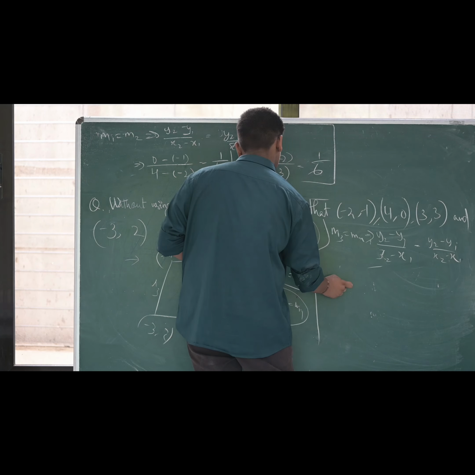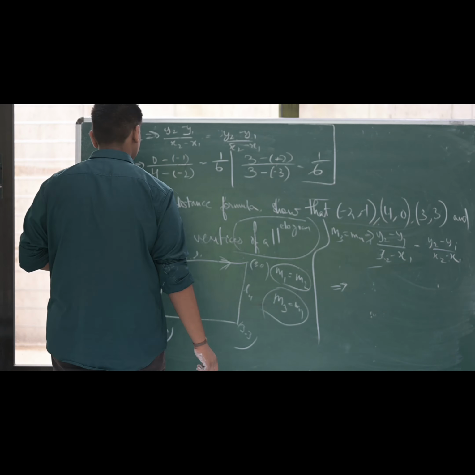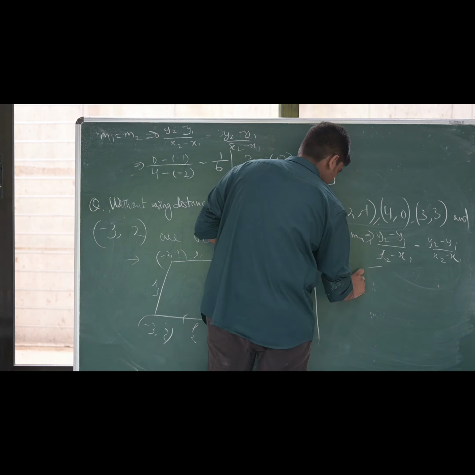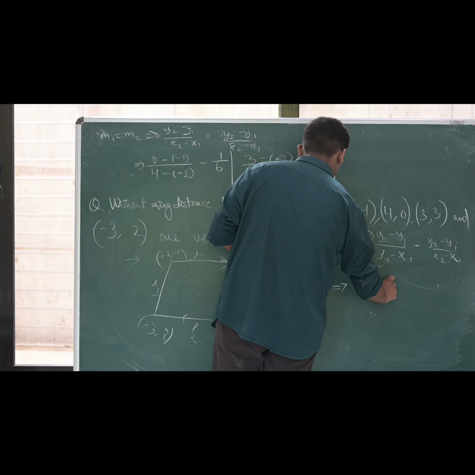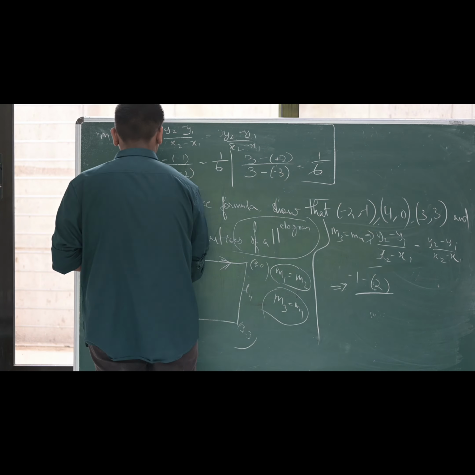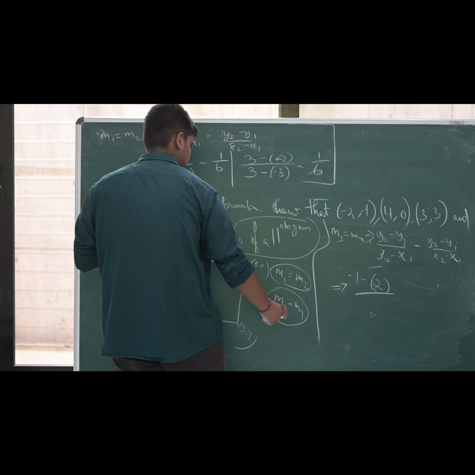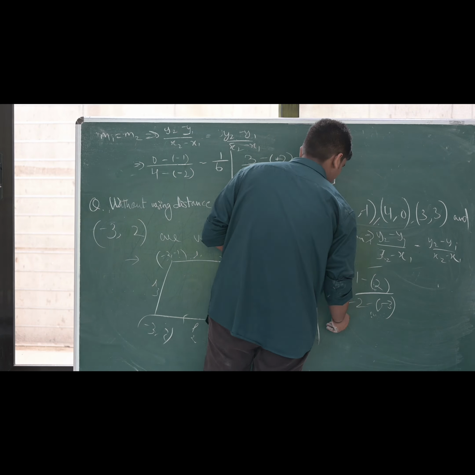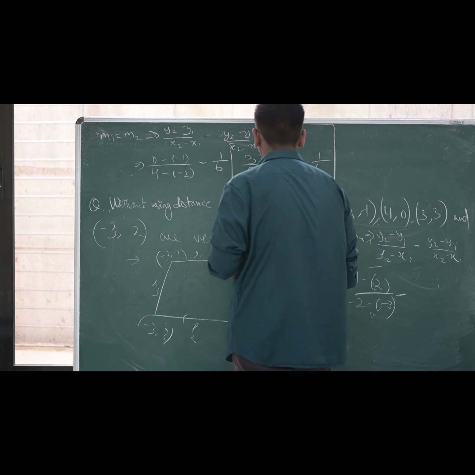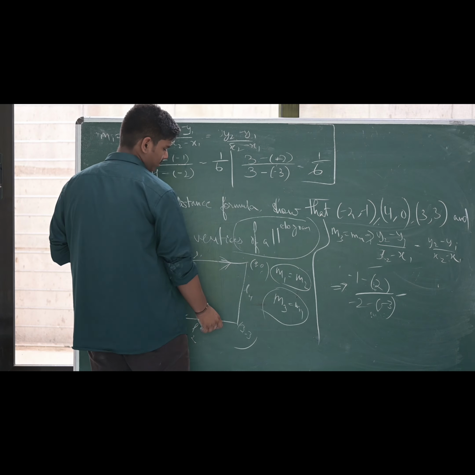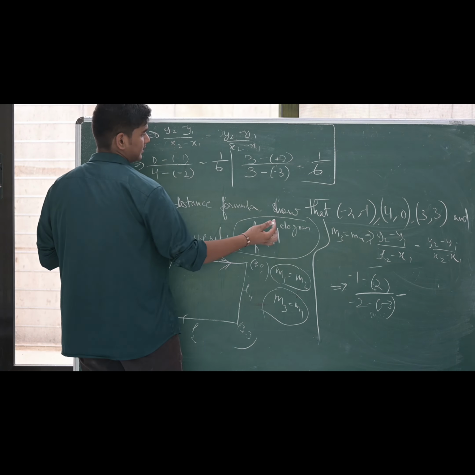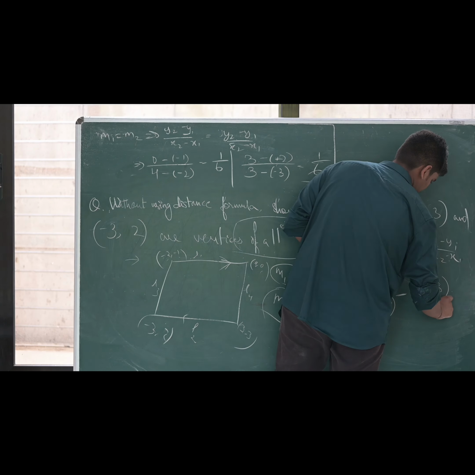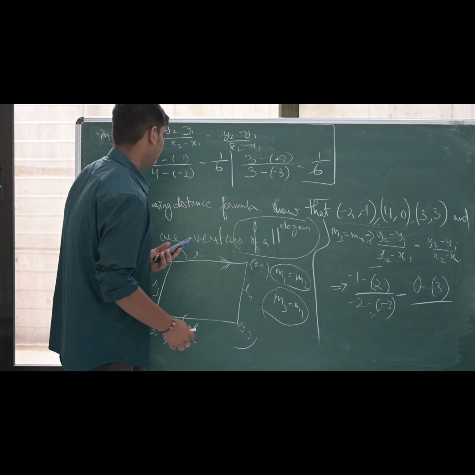Now, what will be the m3 slope? (minus 1 minus 2) by (minus 2 minus minus 3), and for m4 it will be (0 minus 3) by (4 minus 3).